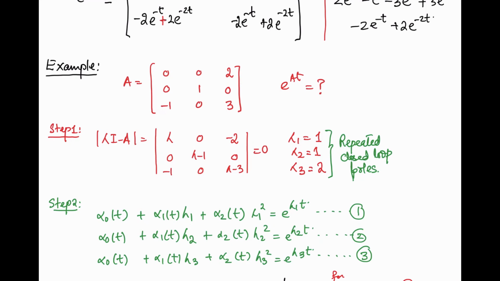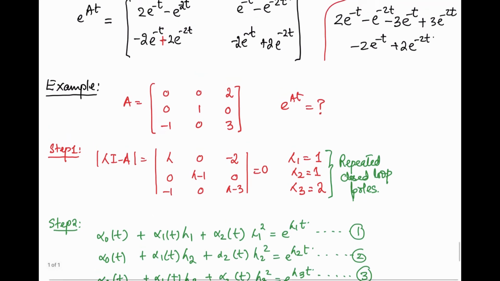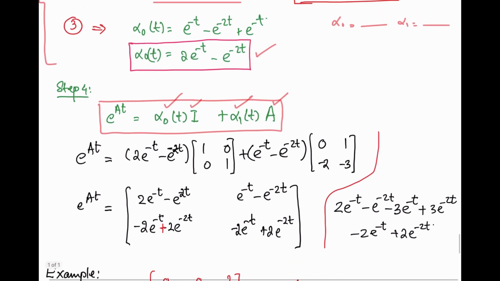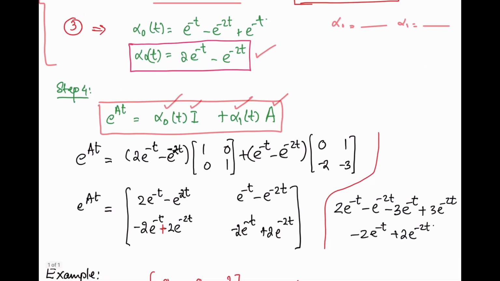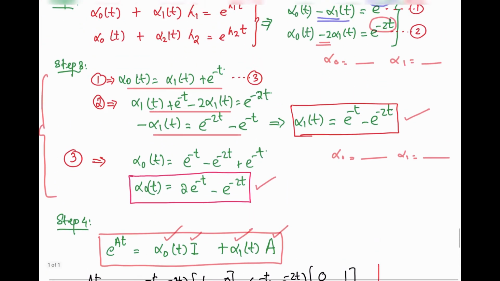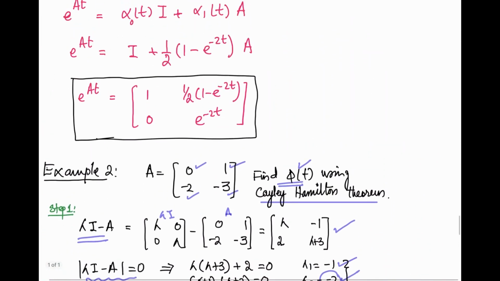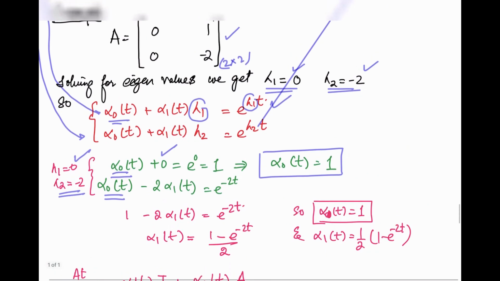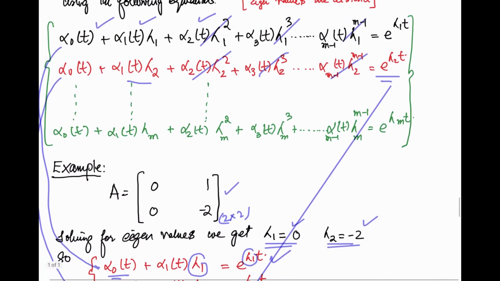So in this particular example, we have seen how we can find the state transition matrix if we have repeated poles. In the previous examples, we only considered distinct eigenvalues. If I go back and summarize, we have discussed two methods.